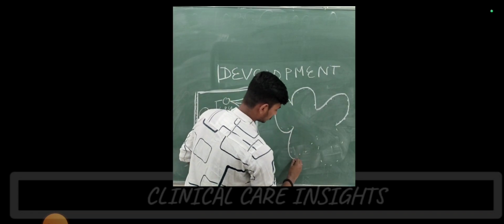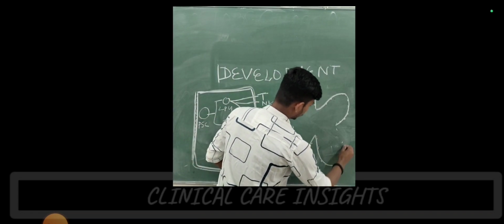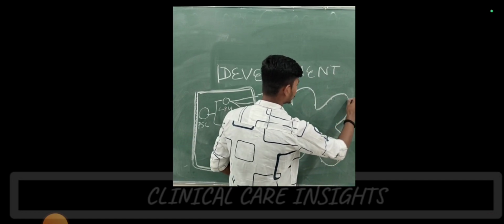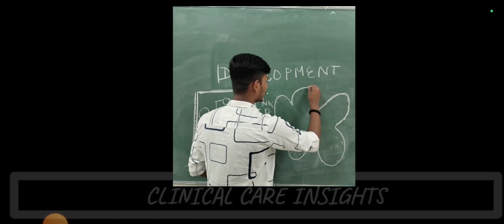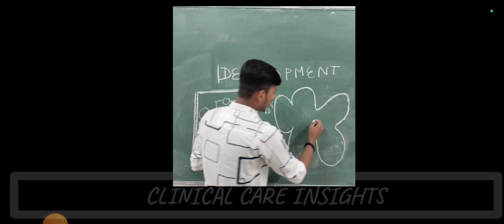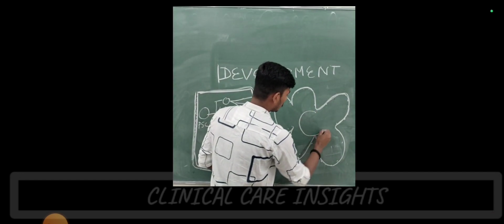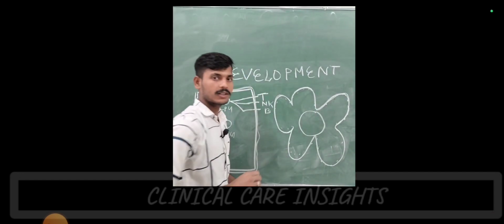See, this is one functional diagram of the thymus gland, it's not an exact anatomical diagram. Okay, thymus has two parts.